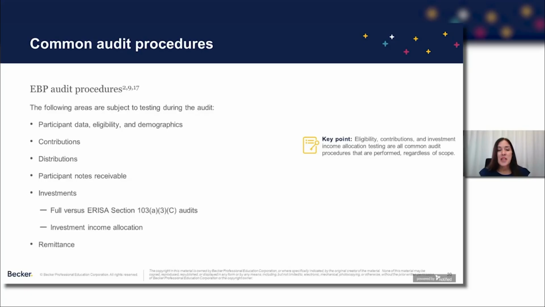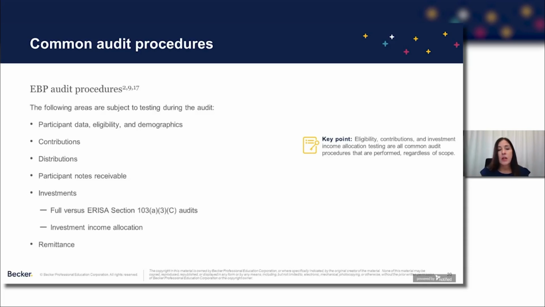The investment procedures that you're going to perform, regardless of whether it's 103(a)(3)(C) or not, include the fact that you have to test the investment income that's allocated to the participant accounts, and you have to test the participant's ability to change their investment allocation percentages. Those two steps and tests have to be performed regardless of whether you're doing a 103(a)(3)(C) audit or not.